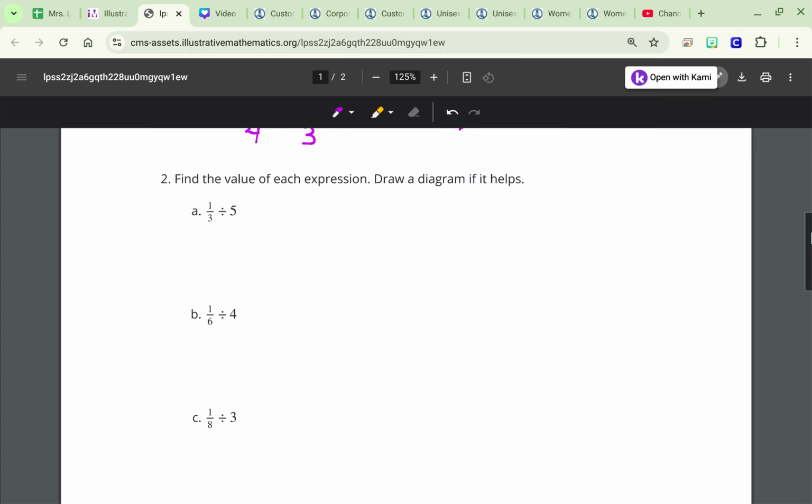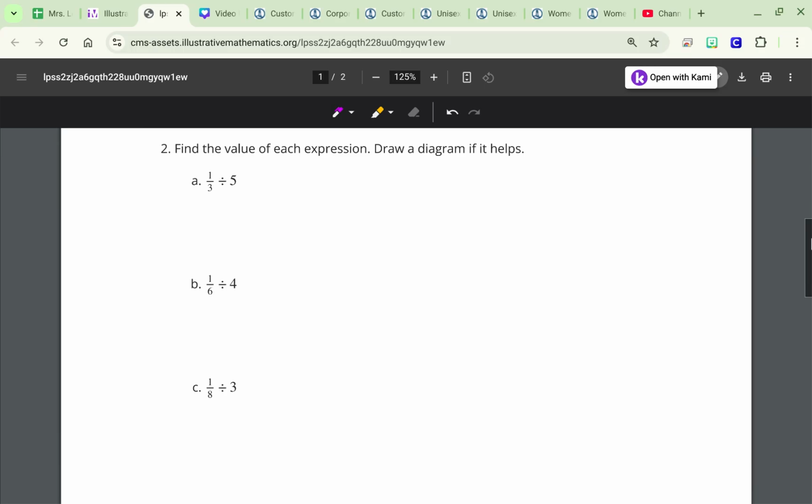Now let's go down to number 2. For number 2, we're going to find the value of each expression. We can draw a diagram if it is helpful, but we have seen so many patterns at this point, and particularly we know that if we have 1/3 and we want to break that 1/3 into 5 pieces, we have been building fractions whose denominator is the denominator times this whole number 5, right?